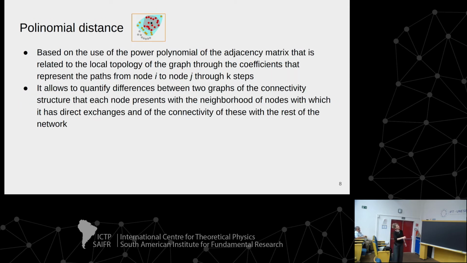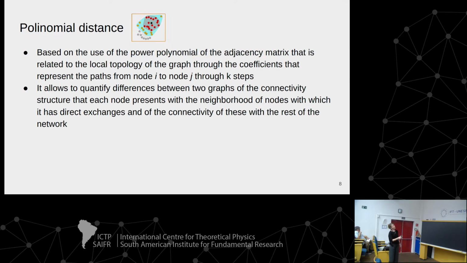Polynomial distance, and here I will not look at it as a Jaccard, I will look at the second order neighborhoods, okay? So it's based on the use of the power of polynomial. There is an expression that I use, the polynomial, to calculate on the matrix of distances.